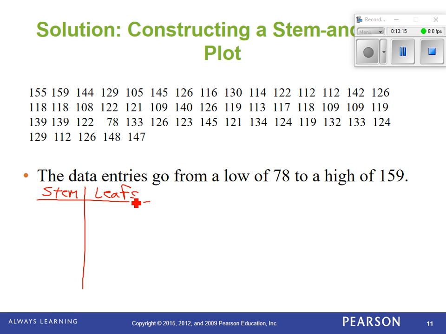127s? No, 129. 129s next? 2 of them. First row of the last row. 130. There's a 130? Just one of those?